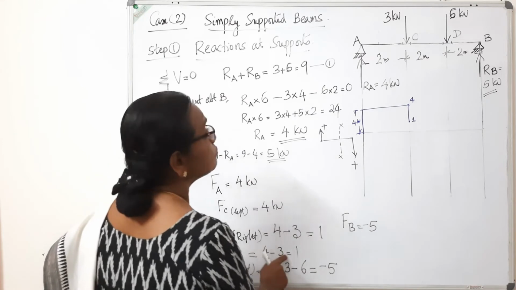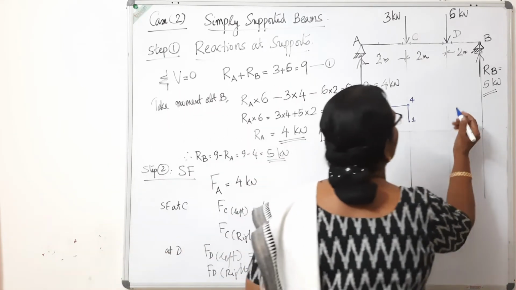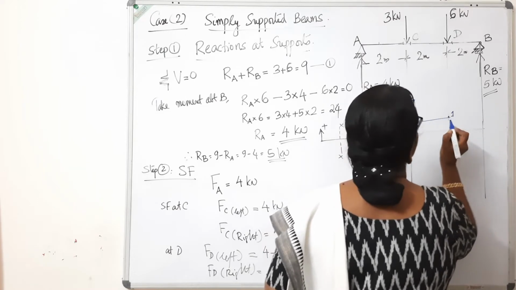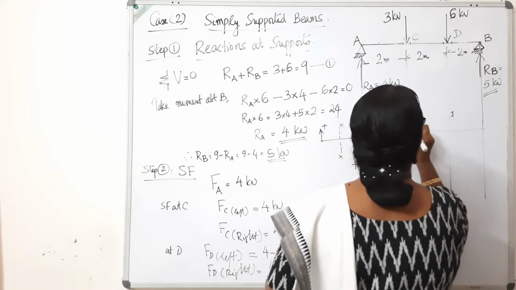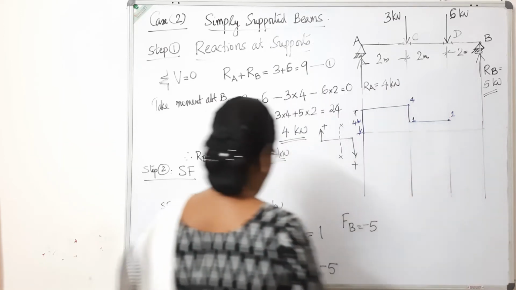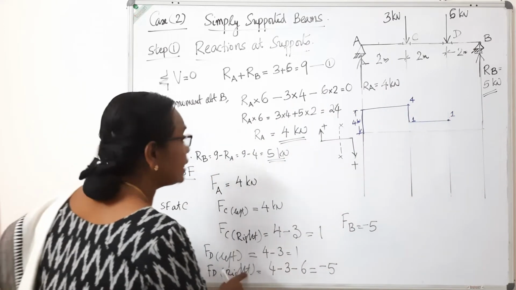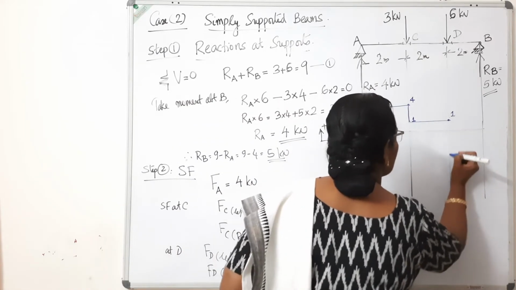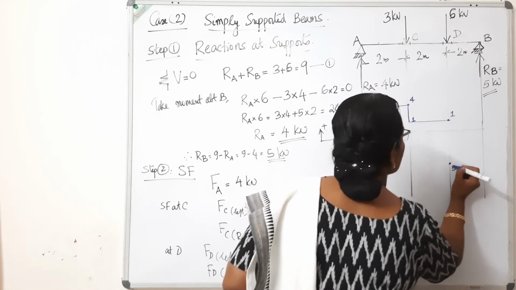Now FD left is 1, so here also you mark 1. Connect it. FD right is minus 5, so from the base you mark 5 units downwards.